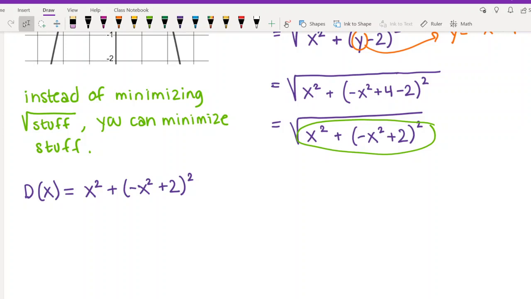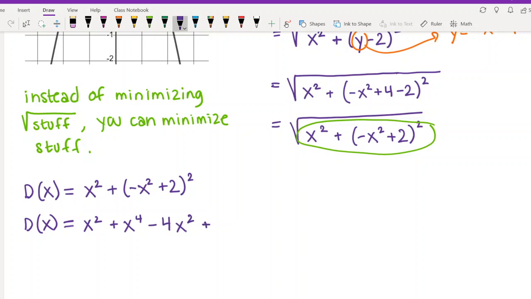Okay, so let's now just clean this up a little bit, and then we'll get to work with using calculus. So if you were to multiply out the stuff that we have here, you would get, so negative x squared multiplied with itself is going to give us x to the fourth. And then we would get negative x squared times 2, and then another negative x squared times 2, so that's going to be negative 4x squared.